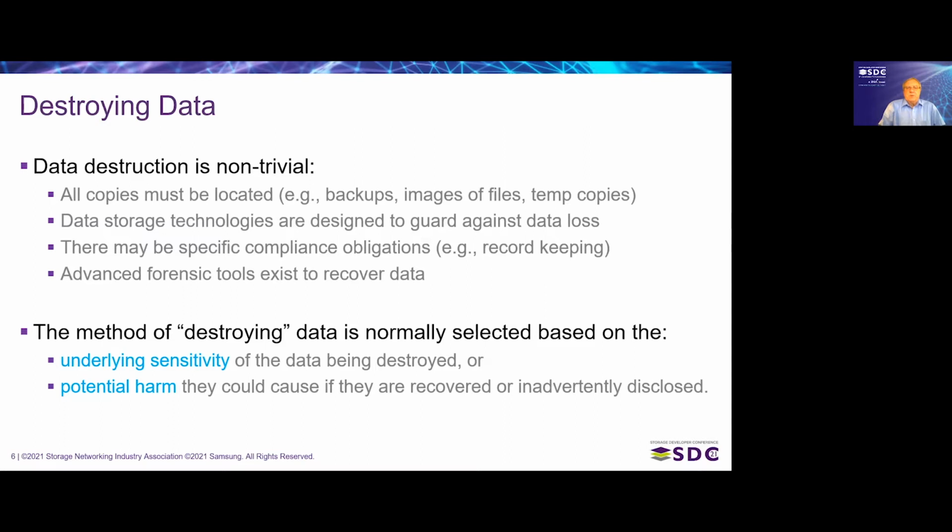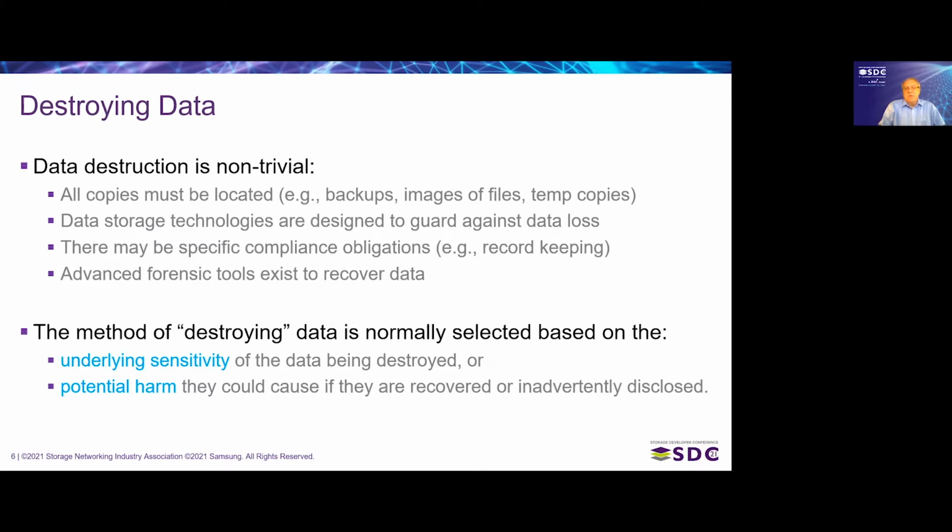Okay, so when destroying this data, and again, this is from a DLM perspective, the way you go about doing that really looks at the underlying sensitivity of the data that you need to get rid of, and I think equally important is what's the potential harm if the data are actually recovered or inadvertently disclosed. That's really going to set the tone in terms of what you're doing.